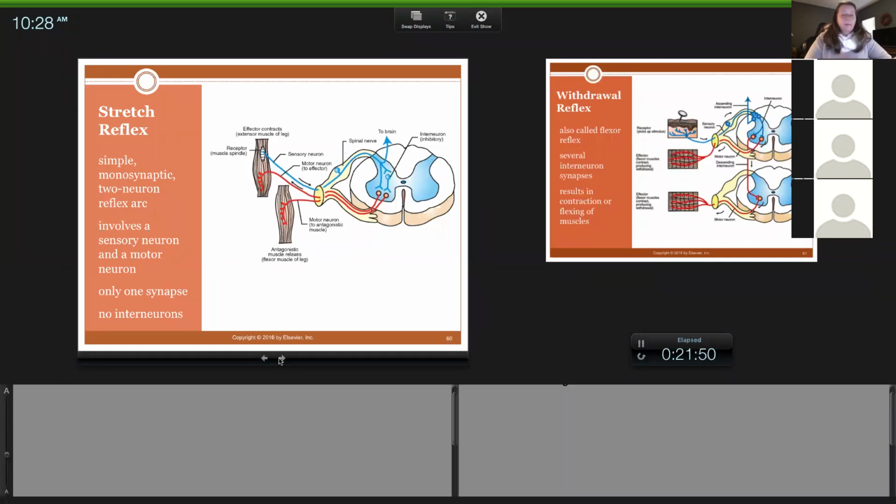I'm going to talk about, in the body, this is showing you a muscle, but basically the lungs are organs that stretch and contract. The stomach stretches.